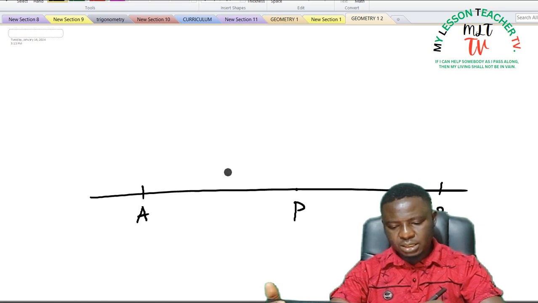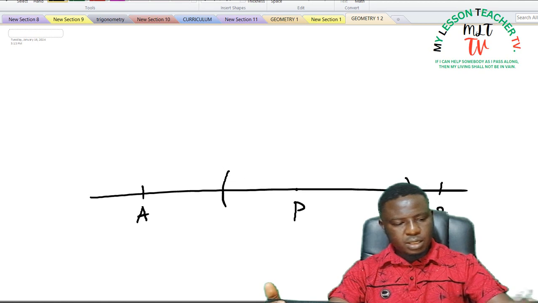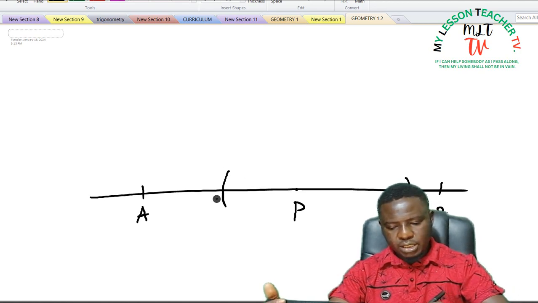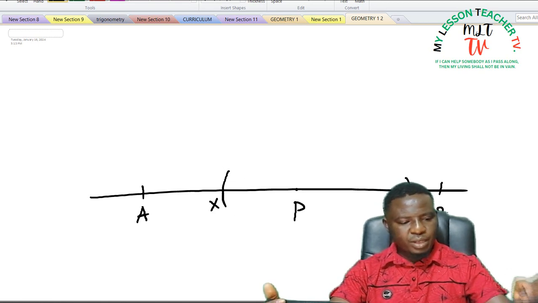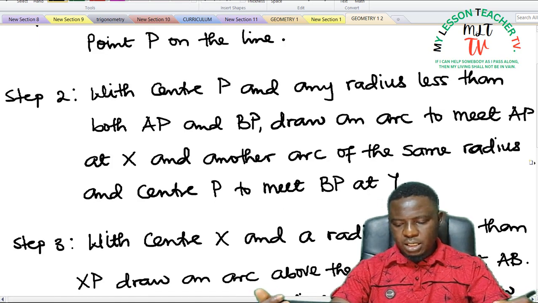So something like this and this, giving you point X and point Y. That is what step 2 says.